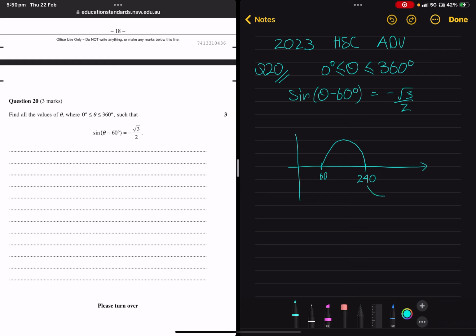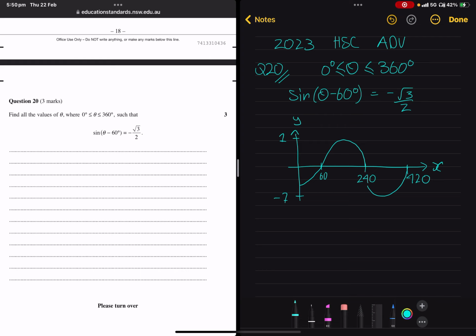So we're going to have to add 180 to this, so this value will be 420. Now it will also have a little bit of a curve over here. It won't quite get as far up as the peak though. So this is 1, this is minus 1, this is y, this is x.